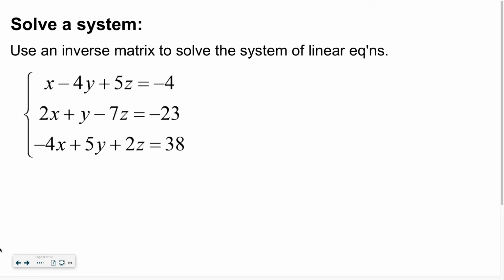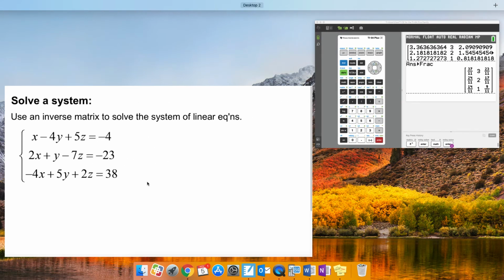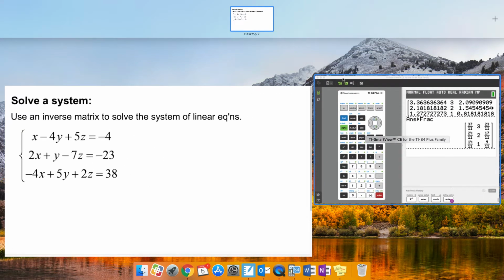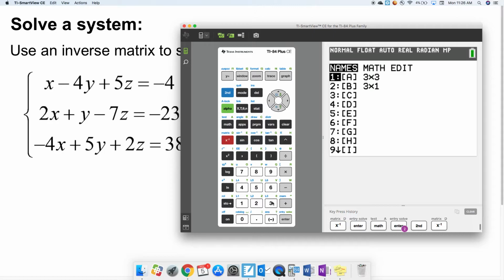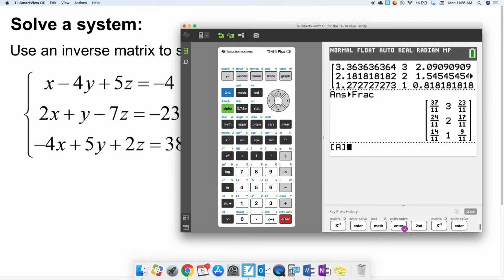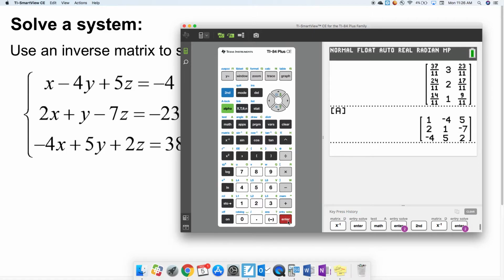So if I go to my calculator, I think if I pull up matrix A from before, if you did the last problem with this, I'm just going to pull up matrix A and hit enter. That's the same coefficient matrix, right? Okay, so if we wanted to solve this, we've already got the coefficient matrix in the calculator as matrix A.